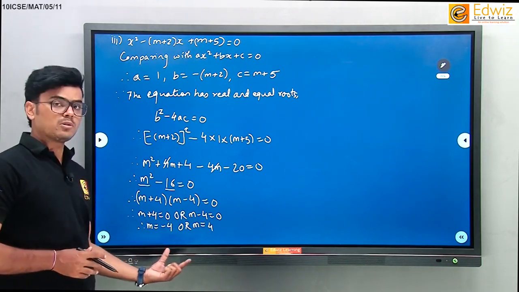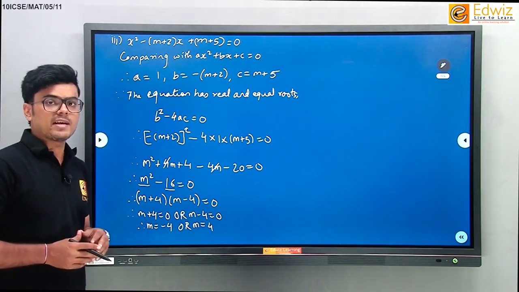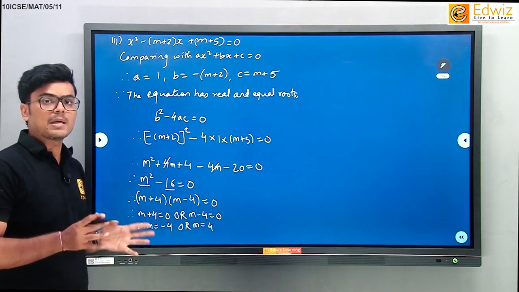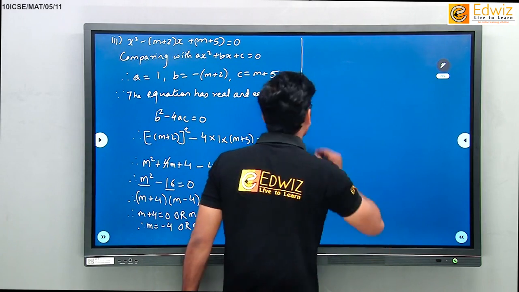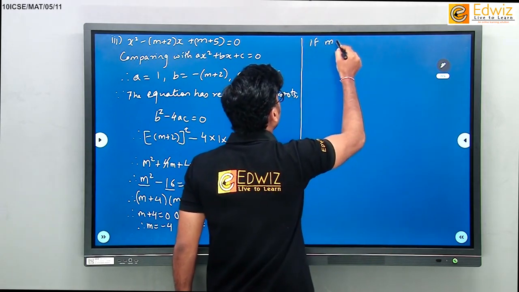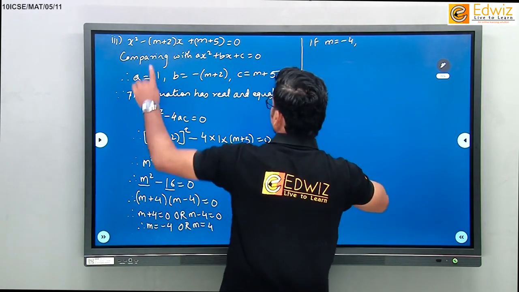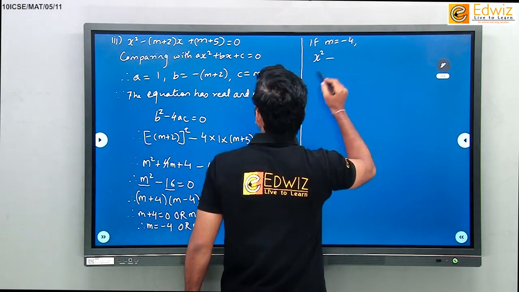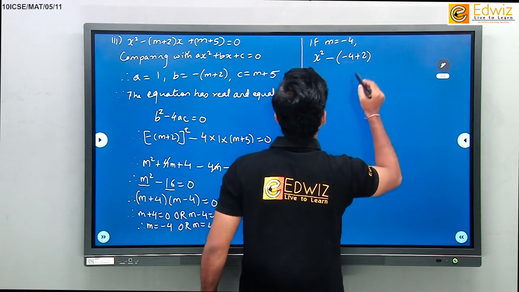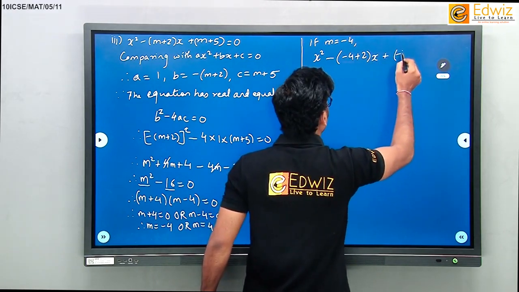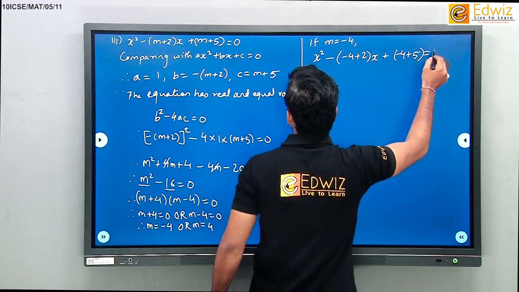For both these values, we will have to find the value of x in the main equation separately. Okay, so first let us consider m equals to minus 4. If m equals to minus 4, x square minus 4 plus 2, instead of m, I am putting minus 4 now, plus minus 4 plus 5 equal to 0.